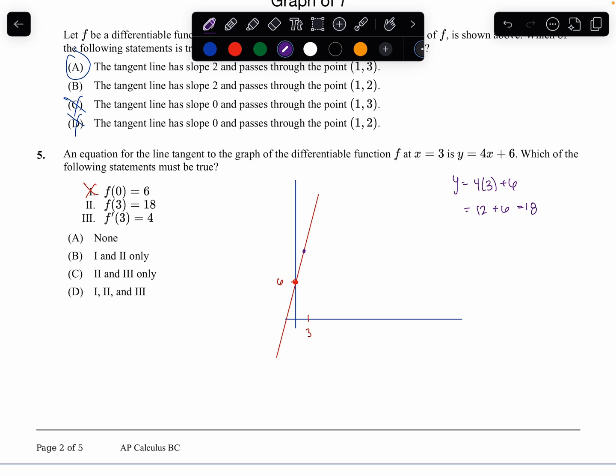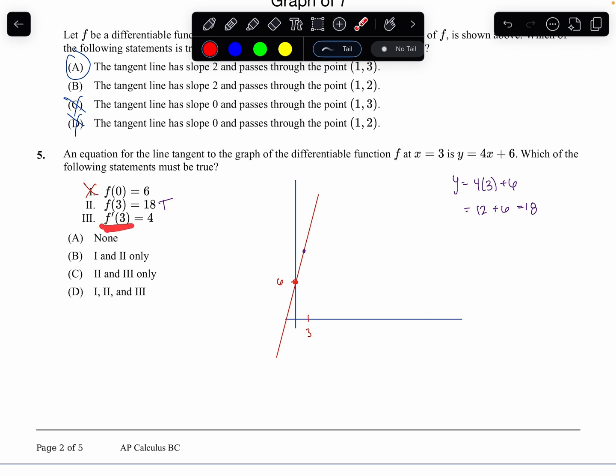So this must be true, because at the point of tangency, the graph of f and the tangent line have to have the same point. Because it's a tangent line at x equals 3, they also share the same point, because our line has to intersect right here. So if the tangent line has the property that its y value is 18 at x equals 3, then so does the function f. So that has to be true.